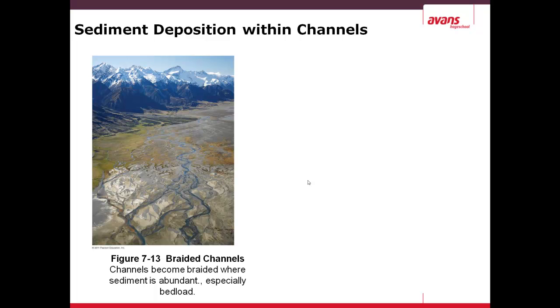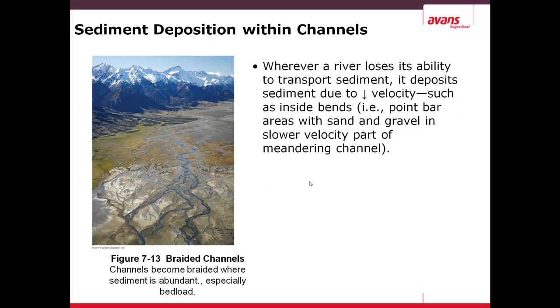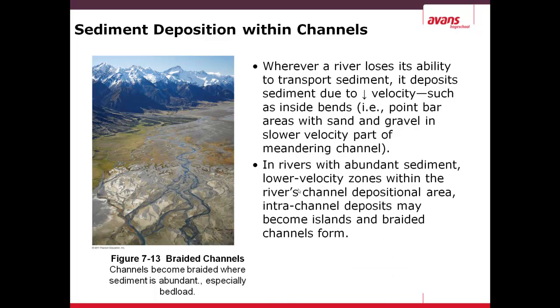Channels are also very rich in sediment deposits. When a river loses its ability to transport sediment, mostly due to decreasing velocity, this is when sedimentation occurs. In rivers with abundant sediment, meaning they have a lot of sediment, lower velocity zones within the river's channel become depositional areas.